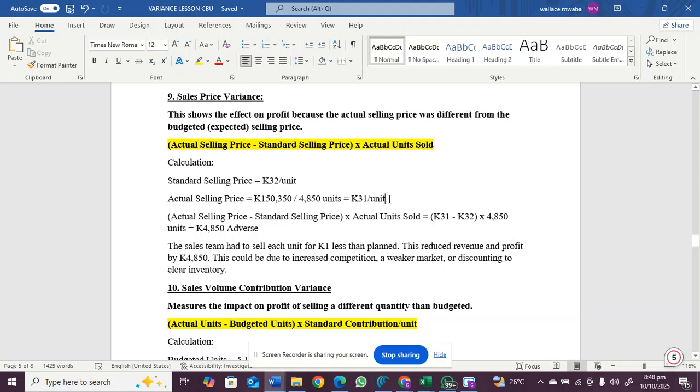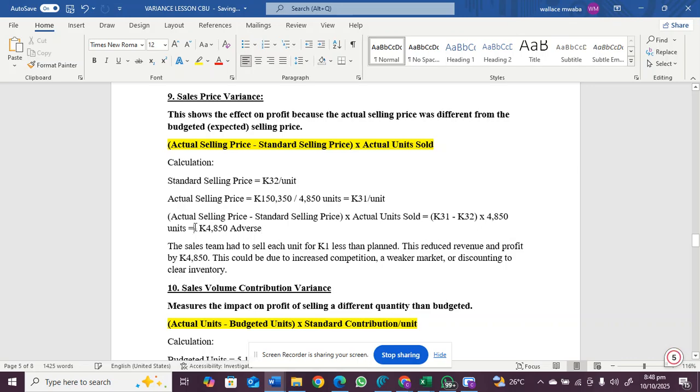So we actually sold for less, because our standard is 32, but we sold at 31. So you say 31 minus 32, you get a negative value, negative 1. Negative 1 times 4,850, you get negative 4,850, which is adverse.